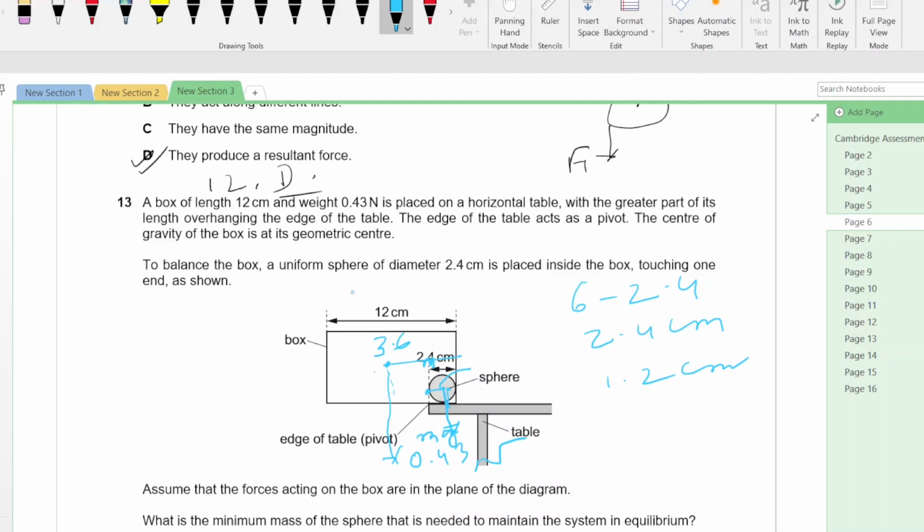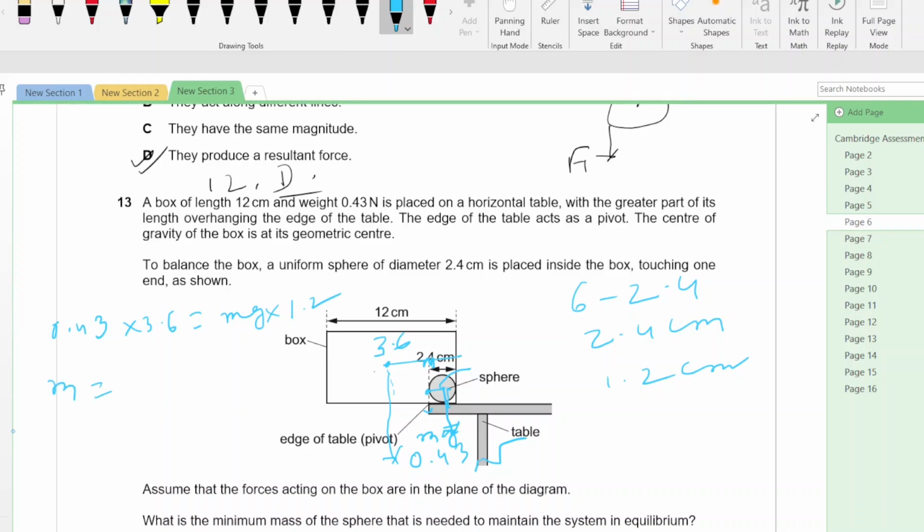Taking the moment about the pivot, that is the edge of the table, gives 0.43 Newton into distance 3.6 equals mg into 1.2.